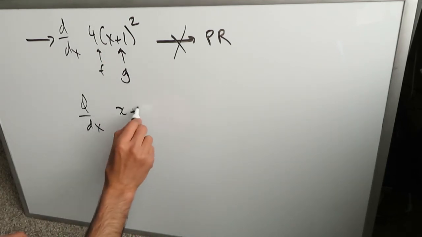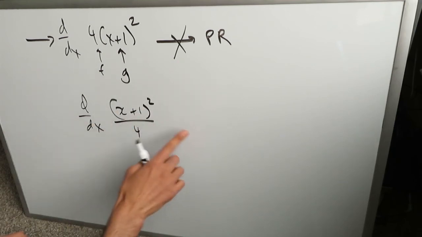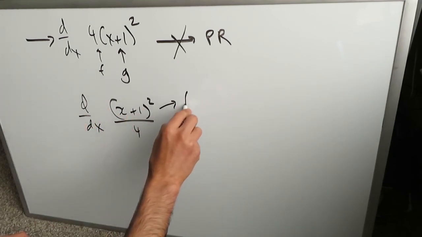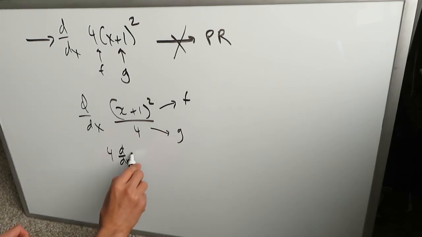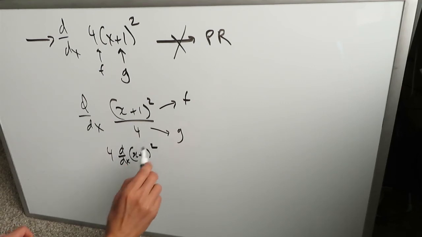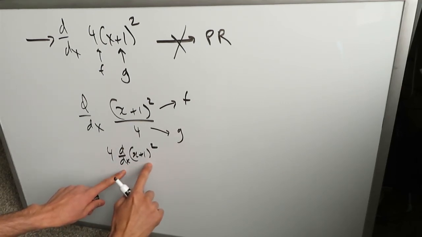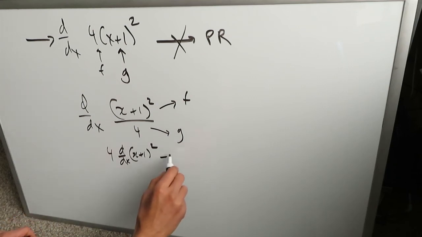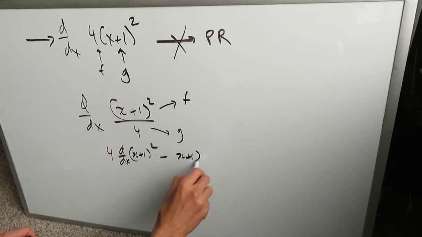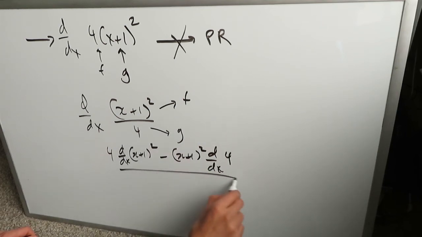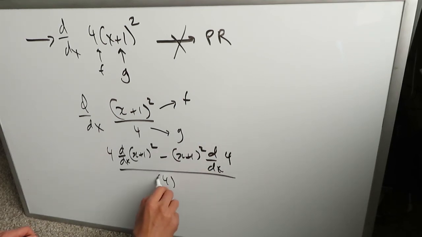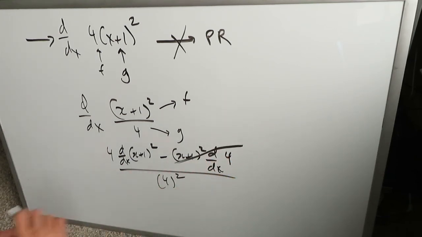If supposedly your question was x plus 1 whole square now divided by 4, you could say this is your f function, this right here is your g function, and then you can go through the elaborate process of doing the quotient rule, x plus 1 whole square, and you know the chain rule will come right over here because we're doing a derivative of a composite function. And then you'll do x plus 1 whole square times the derivative of this 4, which you know will zero out, and then you'll have 4 square over here. You don't need to go over here because it's going to zero out anyways.